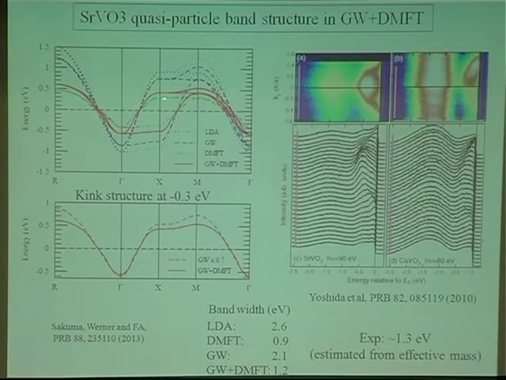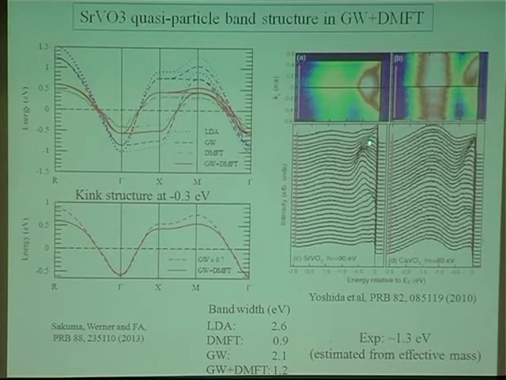So we seem to get quite good agreement with the experiment. If you compare with the photoemission data that Professor Fujimori just showed in the previous talk, the bottom of the band here is around minus half an eV, so this agrees quite well.